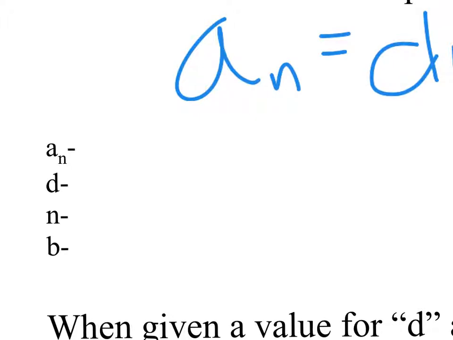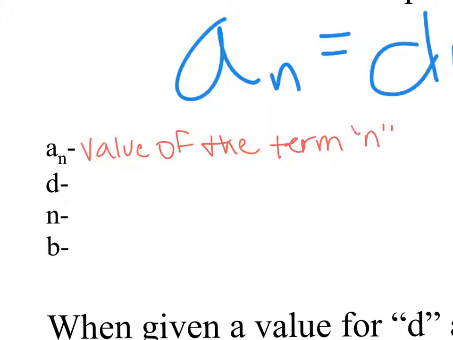So we have A sub n, which is the value of the term n. Okay, and the next one, D, is going to be our common difference.